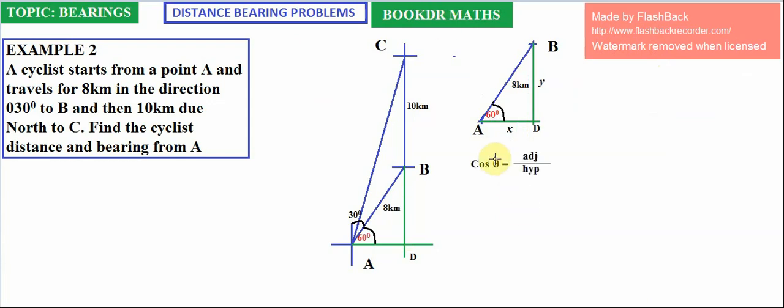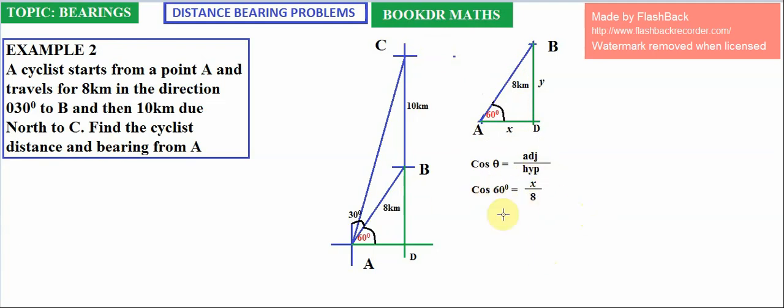Cos theta, the formula says adjacent over hypotenuse. So we place the value of our adjacent here, and our hypotenuse, 8 kilometers, over here. Then our theta over here. Good. So our cos 60 degrees is equal to x over 8.